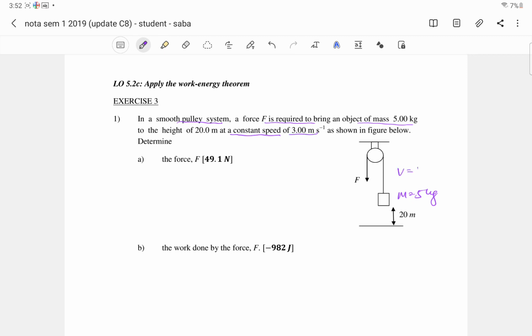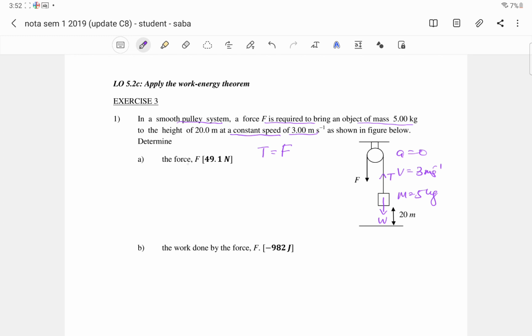And then v is 3 meters per second. Our acceleration is 0 because of the words constant speed. As shown in the figure, determine the force. Here we label all the forces acting on the object. We have W and we have T. Here our T is also equal to our F.